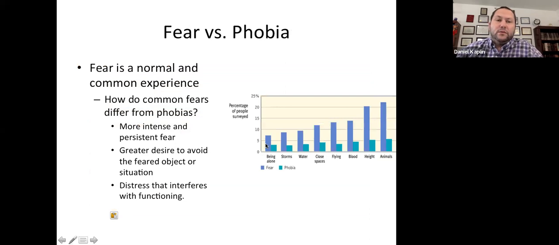And we're going to talk about how often people go into therapy, but avoidance is one of the strategies people use. So first things first, I think it's important to note that there is a difference between normal fear and phobias. So everybody might have a specific fear, but that doesn't mean you have a phobia or meet the criteria for a phobic disorder. So how do common fears differ from phobias? Number one, phobias tend to be more intense, far more persistent fear.